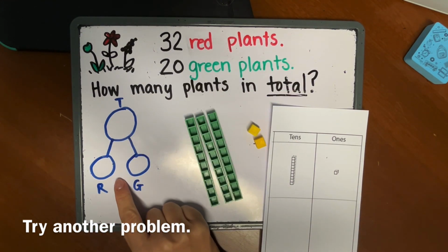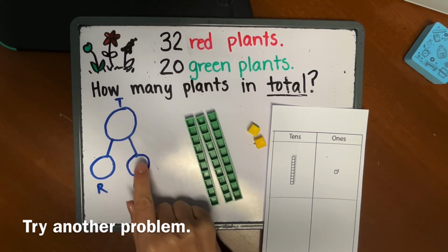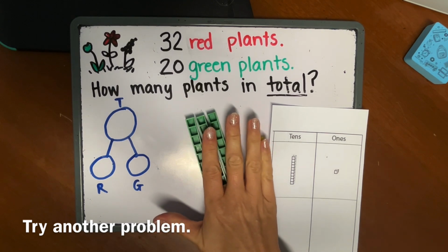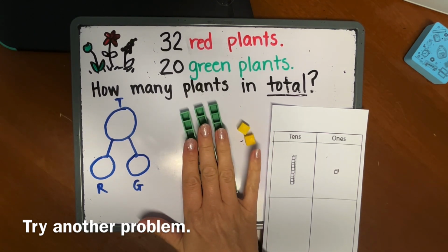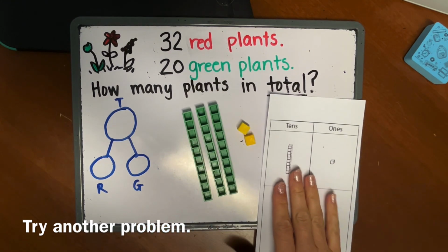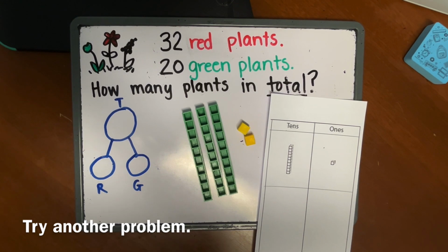Go ahead and think about what would we write in our part whole, and how can we build this problem with our base 10 blocks? You can also use your place value chart if you would like to. Go ahead and pause the video now and solve this problem by building with base 10 blocks.